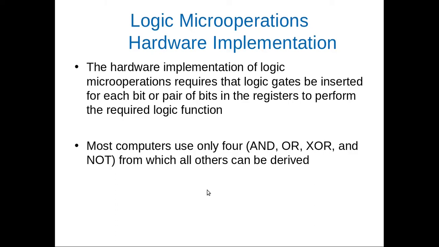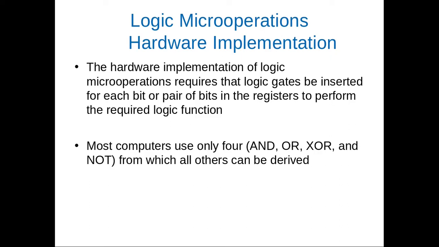And the hardware implementation of logic microoperations requires that logic gates be inserted for each bit or pair of bits in the registers to perform the required logic function. For example, if we want to perform logic AND of two registers A and B, and they have 4 bits in each register, then for implementing this we need 4 AND gates.